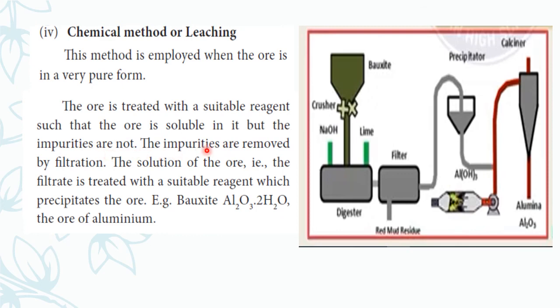The impurities are removed by filtration. The solution of the ore, that is, the filtrate, is treated with a suitable reagent which precipitates the ore. Example, bauxite. Formula Al2O3.2H2O, the ore of aluminium.